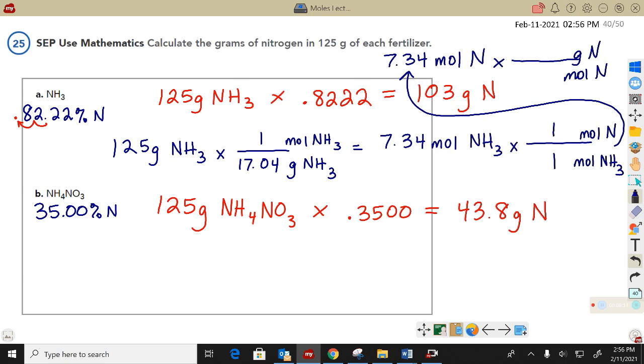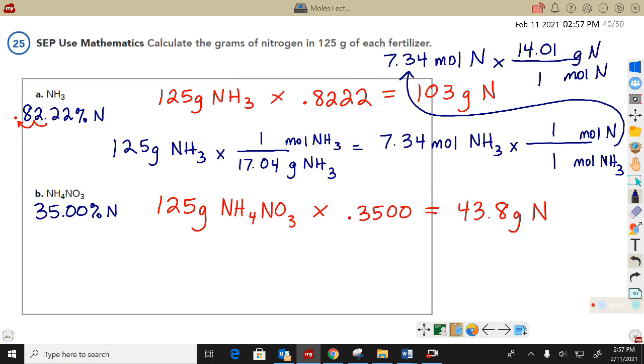So it's just going to be the 7.34 moles of NH3, which then I could cancel 1 mole and bring it to grams. Oh, okay, interesting. 7.34, I'm going to multiply by 14.01, and bingo. I get, if I round it, exactly the same, about 103, 102.8. You'd get the exact same mass.